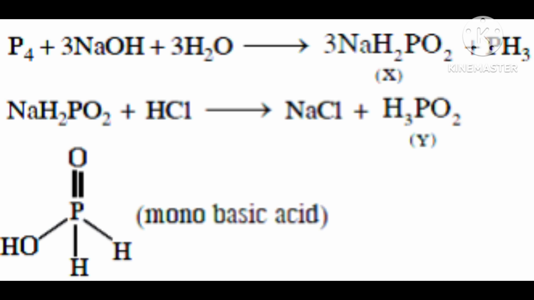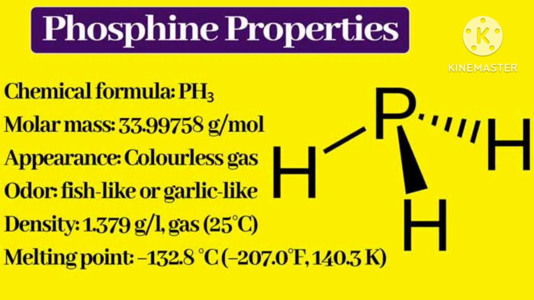How is it prepared? First preparation: it is obtained by passing chlorine gas over heated white phosphorus, P4 plus 6Cl2.